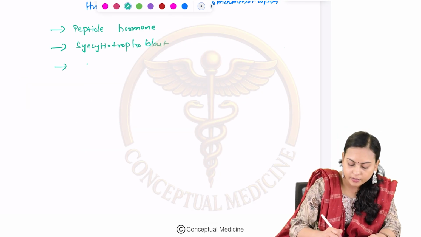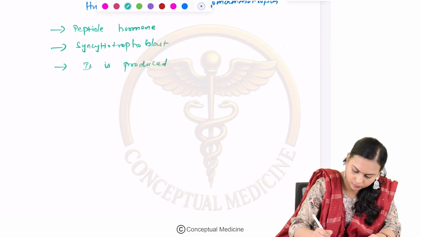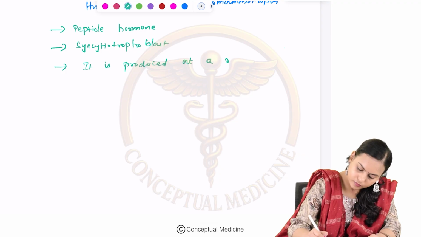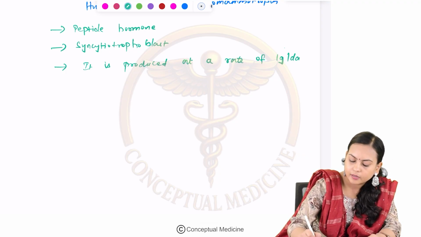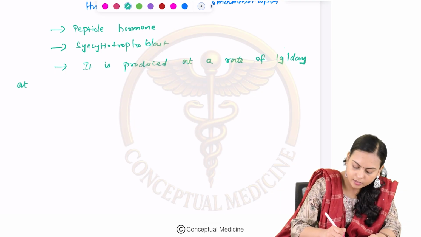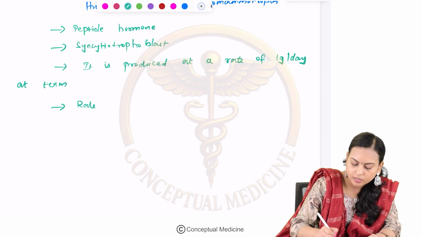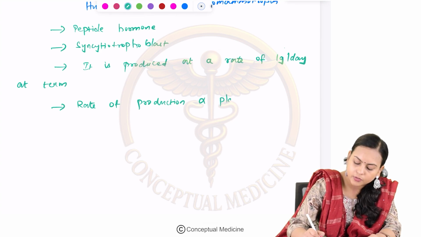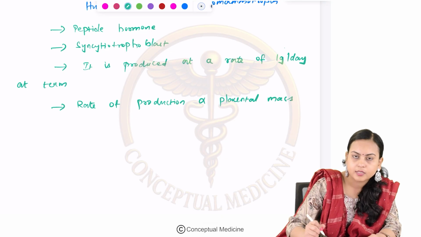It is produced at a rate of 1 gram per day at term, and the rate of production is directly proportional to the placental mass.